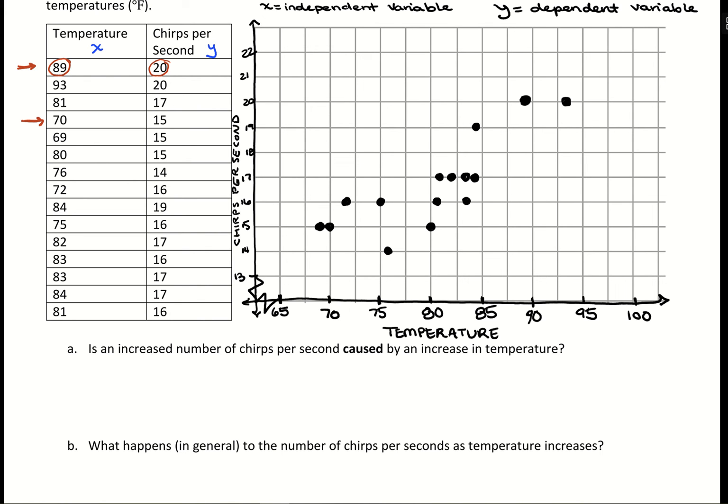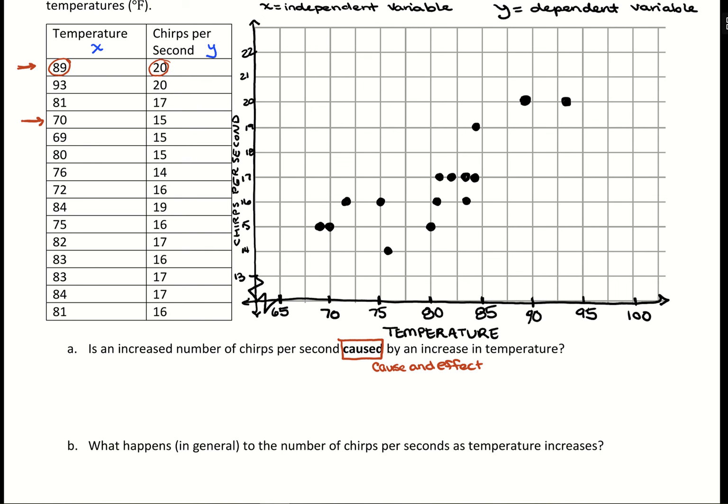What we want to be careful of with the wording here is this word caused. Something that's going to come up in this section is trying to claim causation, claiming cause and effect. So saying that if we increase temperature, then chirps per second will increase too.